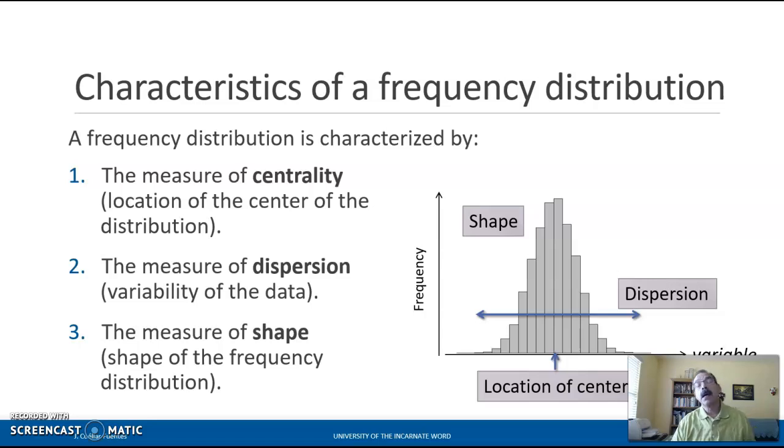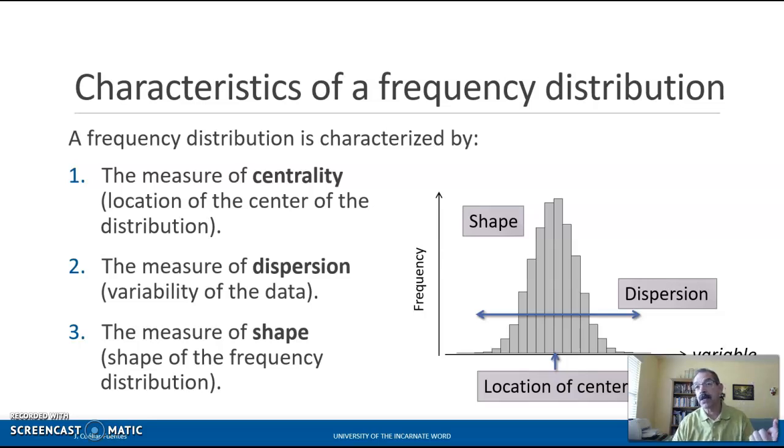Now that we have talked about the statistic and the parameter, let's come back to what we learned in Chapter 2. In Chapter 2, we learned how to create a frequency distribution, and we use the frequency distribution to create the histogram, which is how we summarize a frequency distribution of a numeric variable. Now, these frequency distributions are characterized by three types of measures.